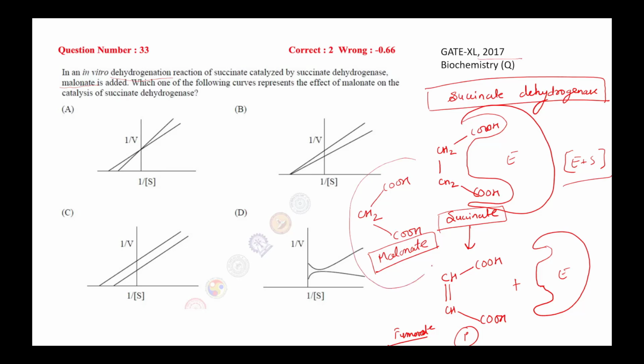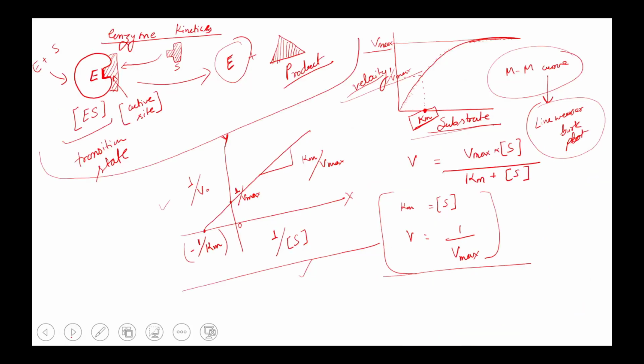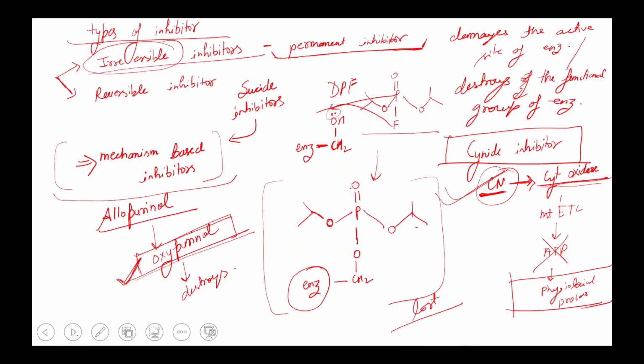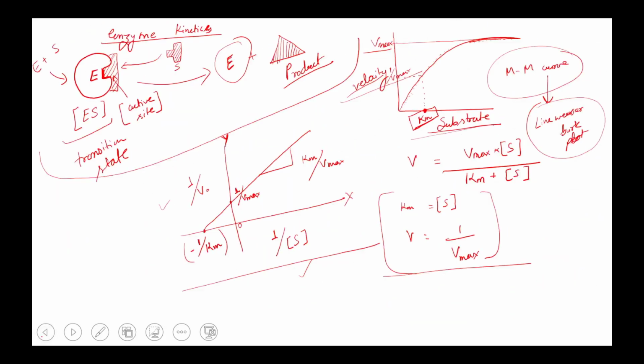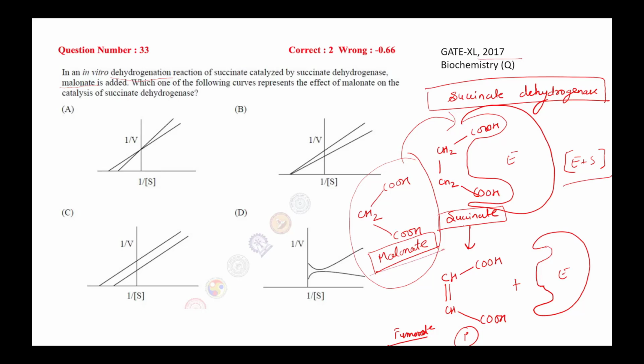So in place of succinate, malonate can also fit, but substrate can only make the product, not the inhibitor. Malonate will bind, but it will not form any product. So that is an example of competitive inhibition.